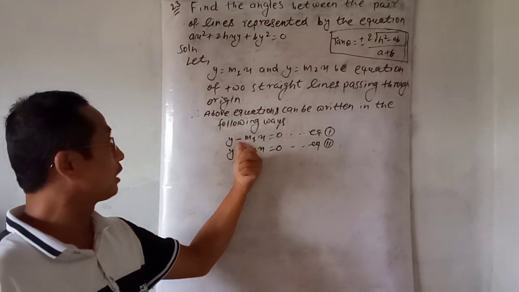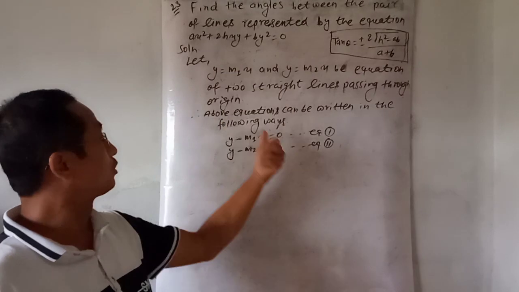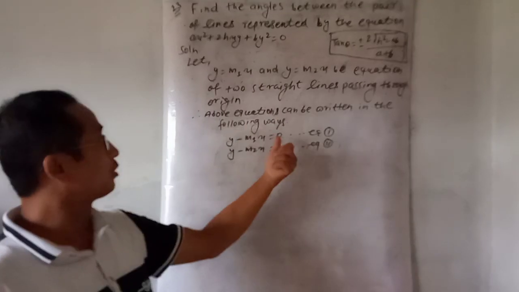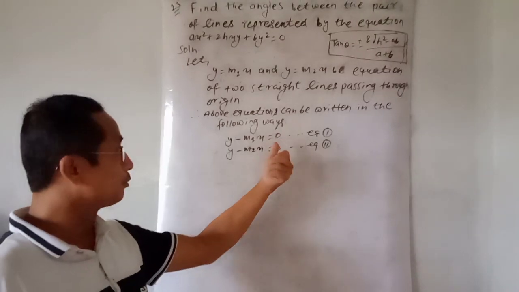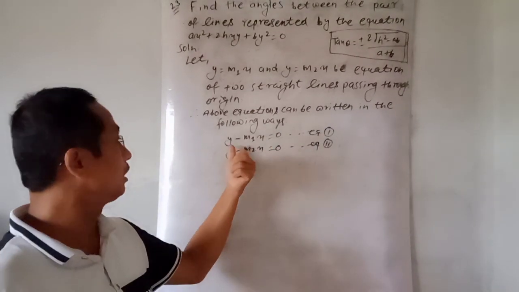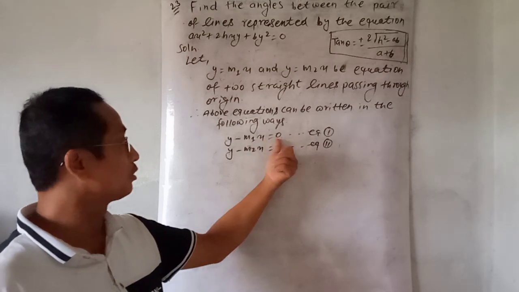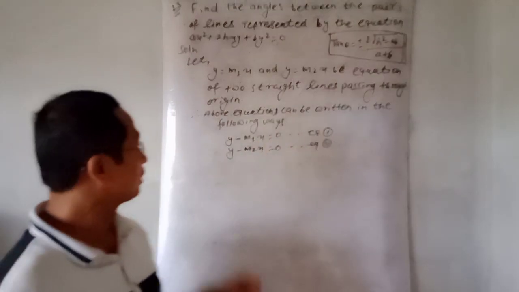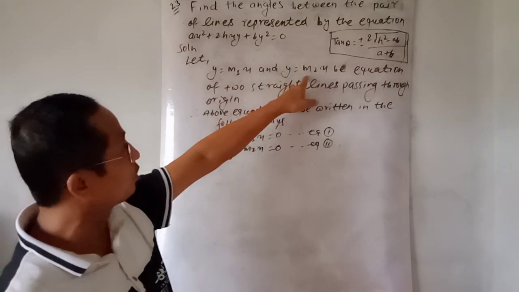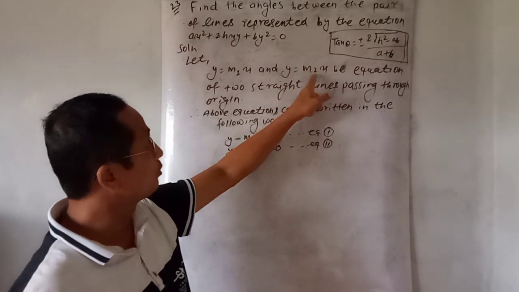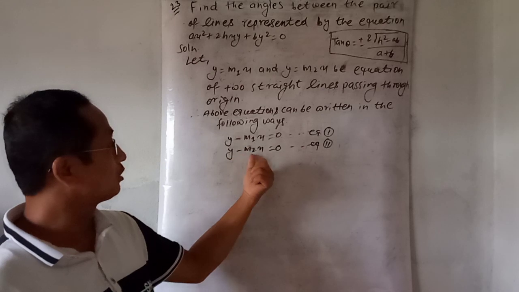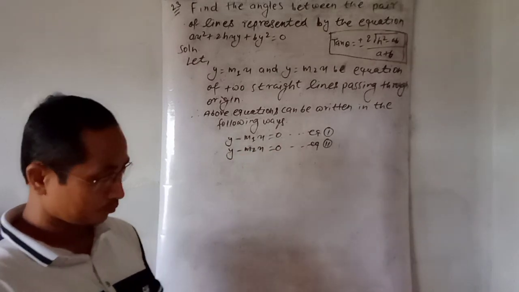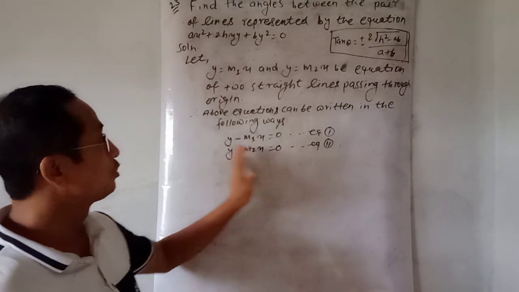That's why y minus m1x is equal to 0, equation first. In a similar way, y is equal to m2x, m2x brought to this side, then y minus m2x is equal to 0. These are the two equations.